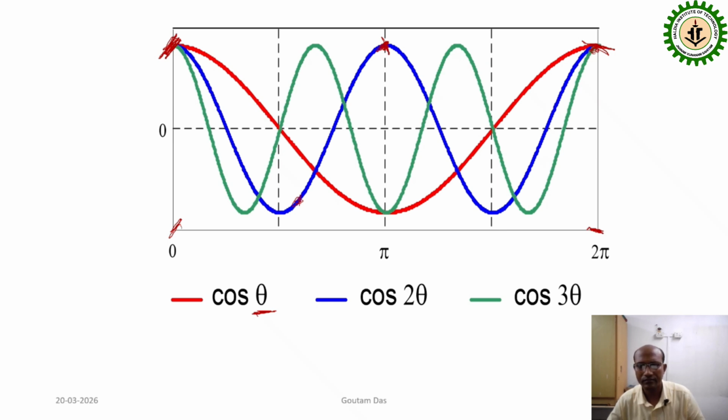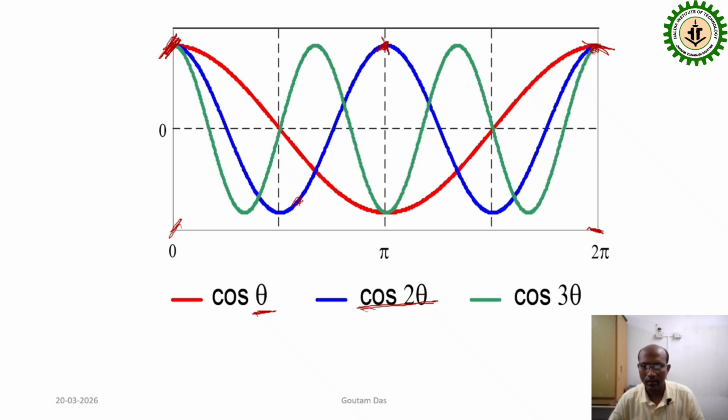So within that 2 pi zone, it completes 2 cycles. Its time period is half of that. So the frequency of that particular blue waveform is 2 times that of the previous one, the red waveform.